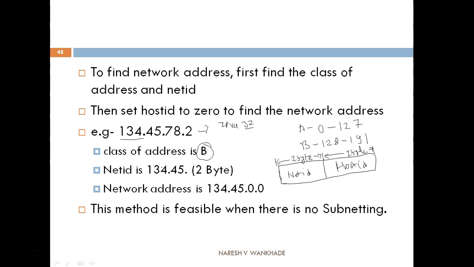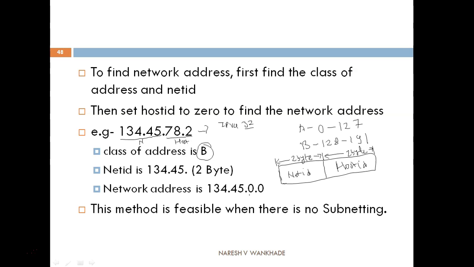This means the first 2 bytes belong to the net ID and this 78.2, these 2 bytes, belong to the host ID. The second part is that you have to set the host ID to 0. What is the host ID? 78.2 is the host ID.